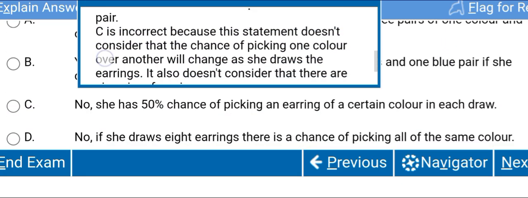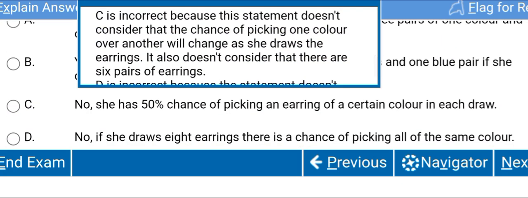Option C is incorrect because this statement doesn't consider that the chance of picking one color over another will change as she draws the earrings. It also doesn't consider that there are 6 pairs of earrings.